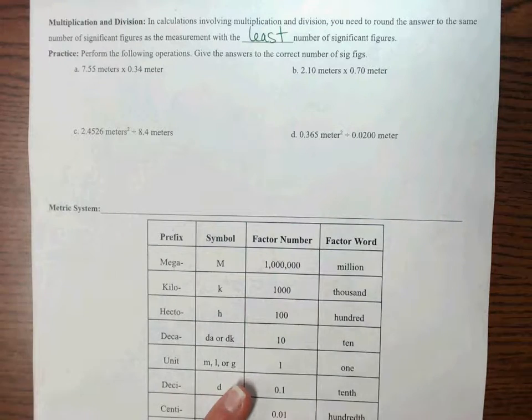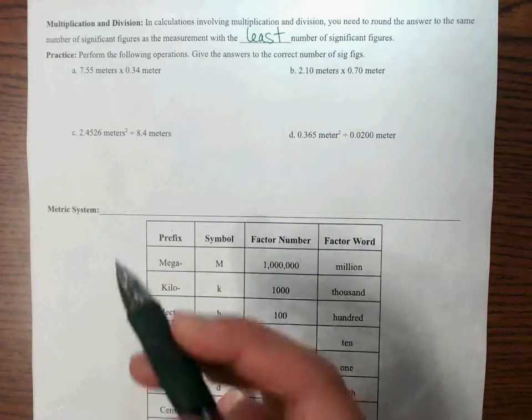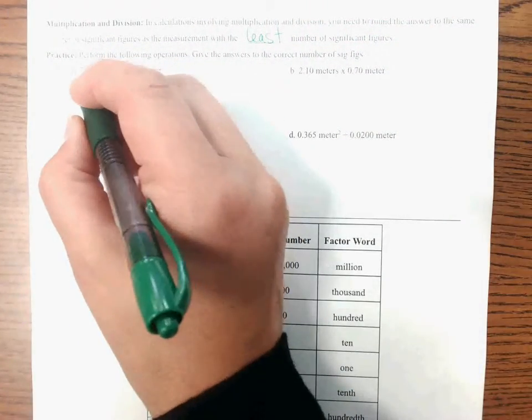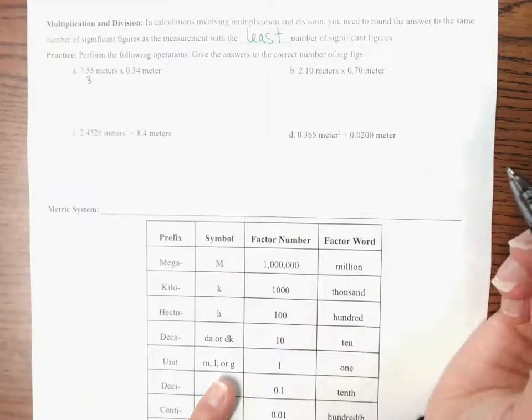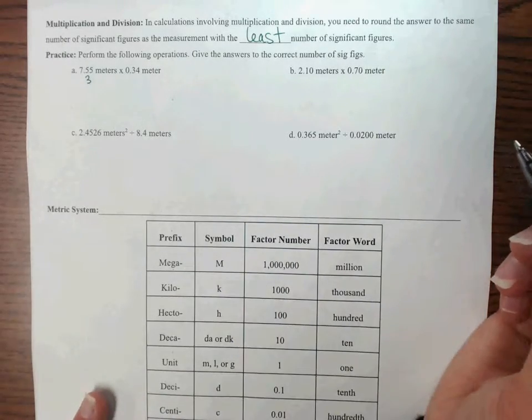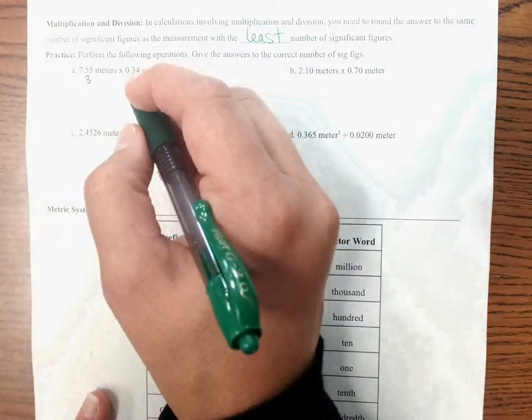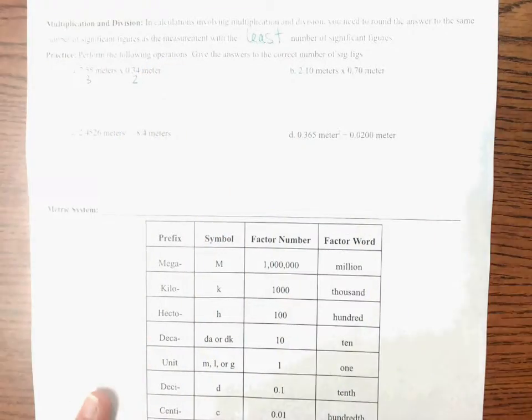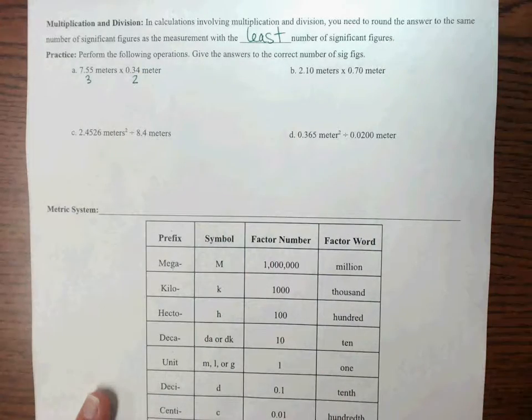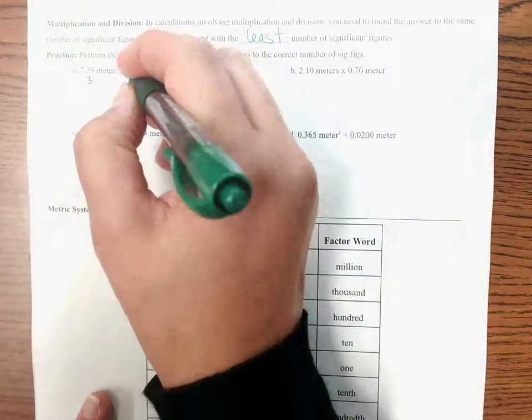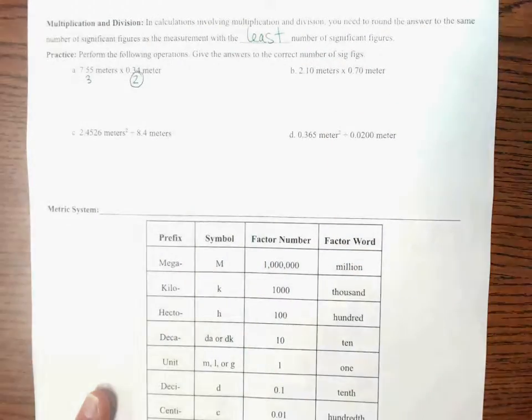So count how many significant figures you have in each of the numbers you are multiplying or dividing. 7.55, I have 3 significant figures. 0.34, that first 0 doesn't count, so I have 2 significant figures. So I want 2 sig figs.